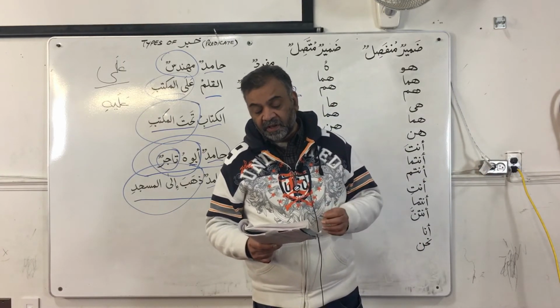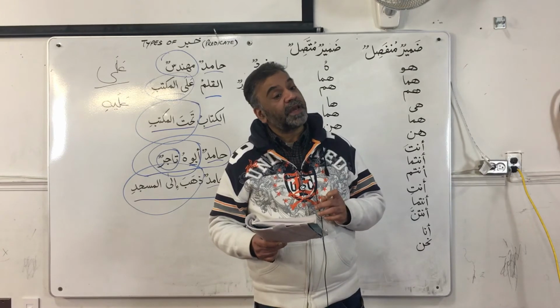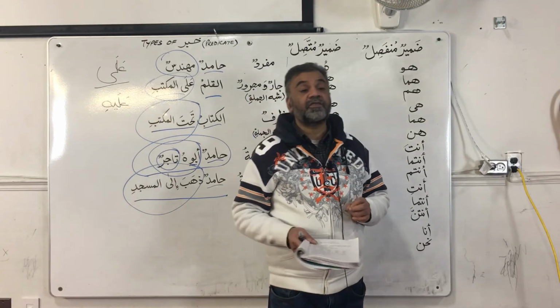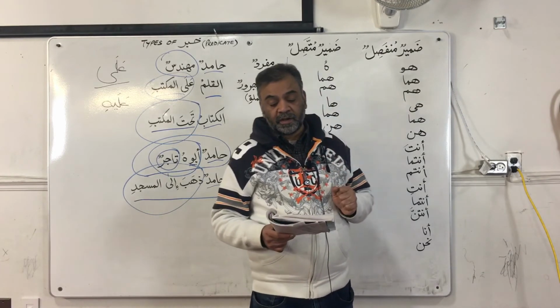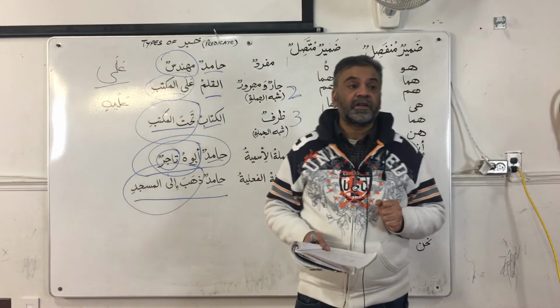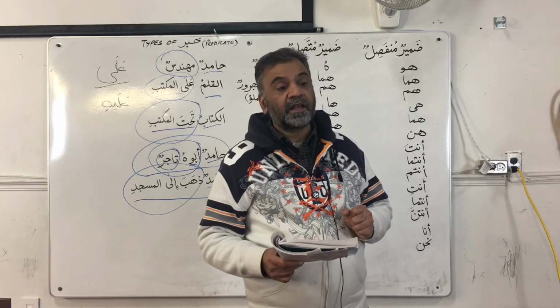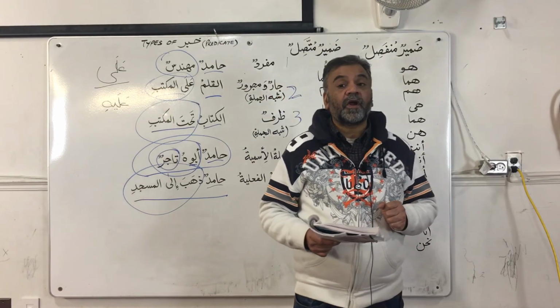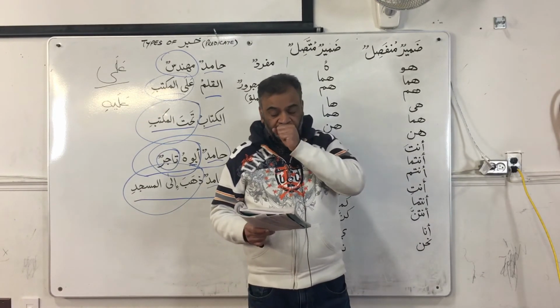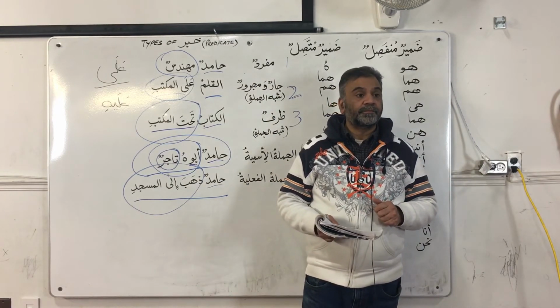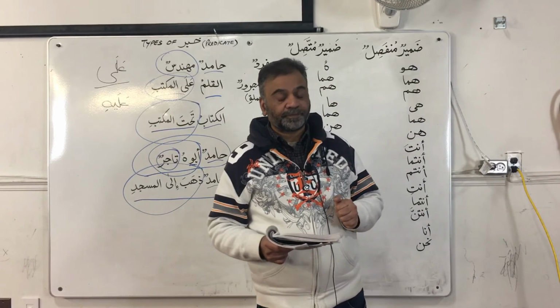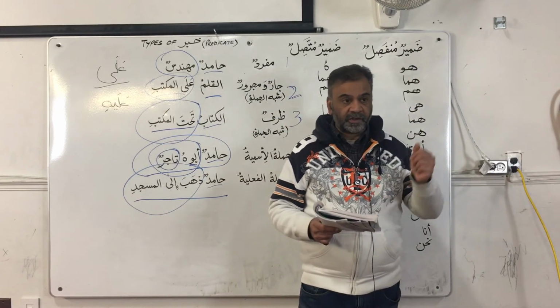Number 6, kharaja abi min al bayti. Kharaja abi min al bayt. Stop here. What is the translation? My father went from the house. Kharaja, exited, left from the house.